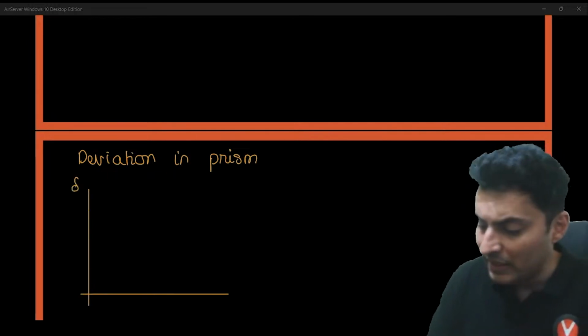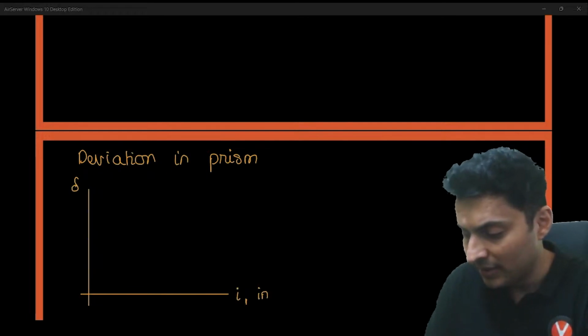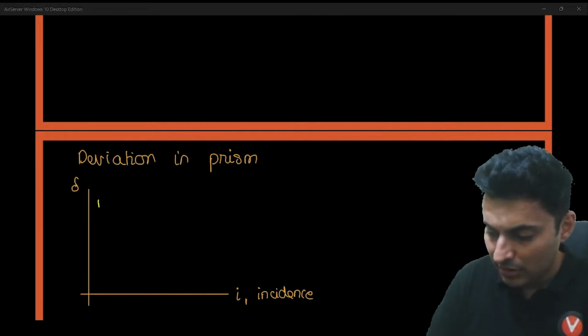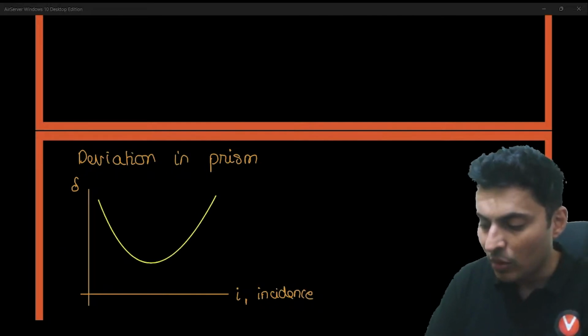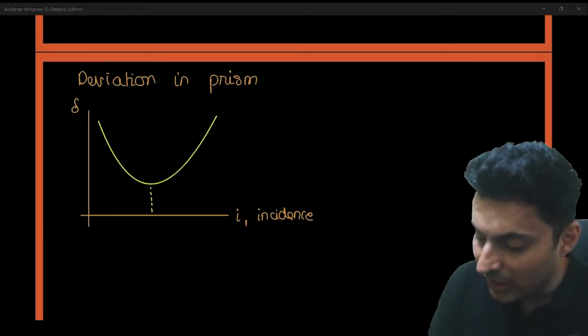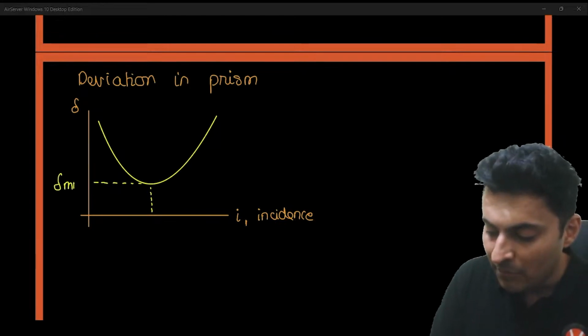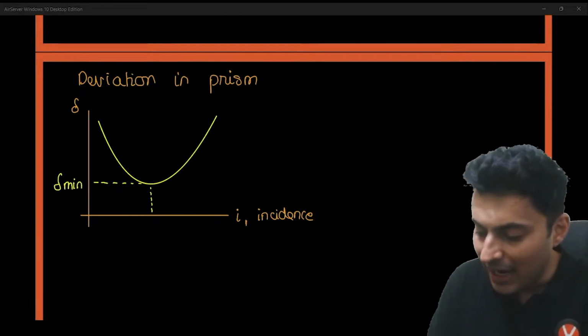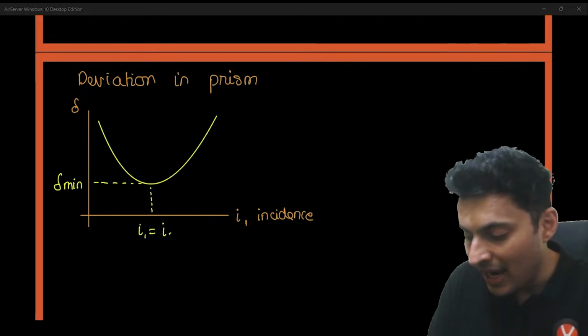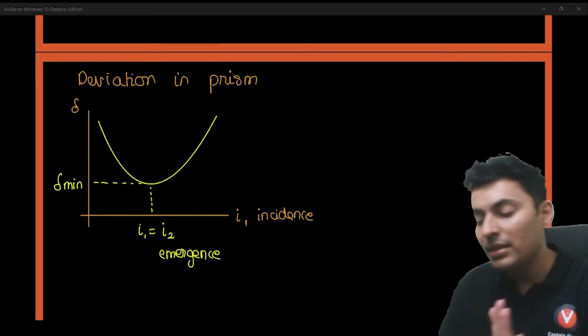If you draw the graph of deviation versus the angle of incidence, you will see that the graph looks like this, almost a parabola, and there is a point where the deviation is minimum. This happens when the angle of incidence equals the angle of emergence. Then the deviation is minimum.